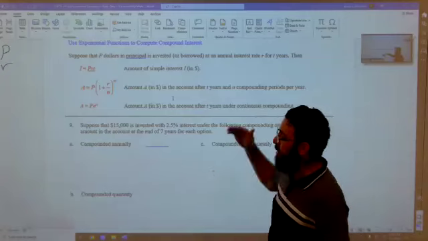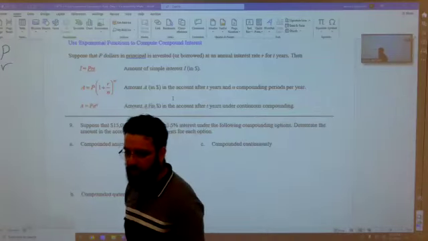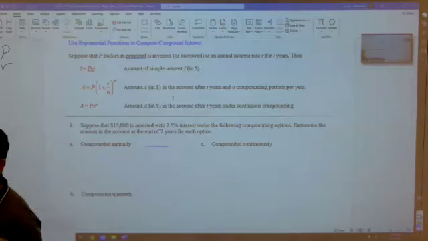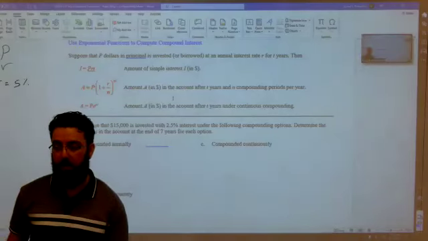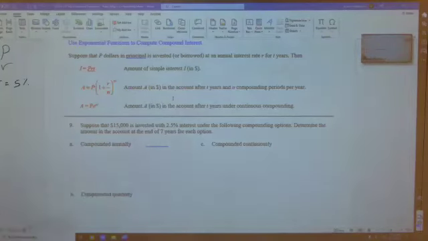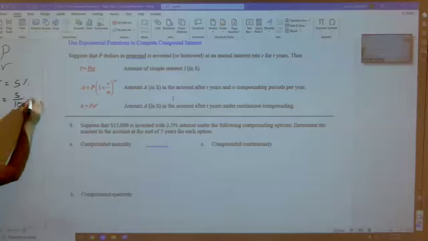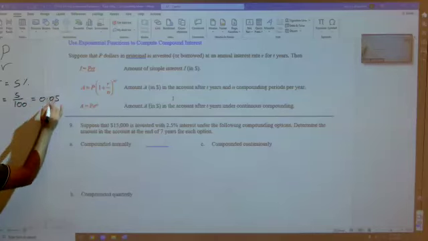For the whole year, they're going to charge you interest 5%, 6%. And keep in your mind, if they tell you R equals 5%, when you plug in, do not plug in 5. It's going to be wrong. 5% means 5 divided by 100, which equals 0.05.